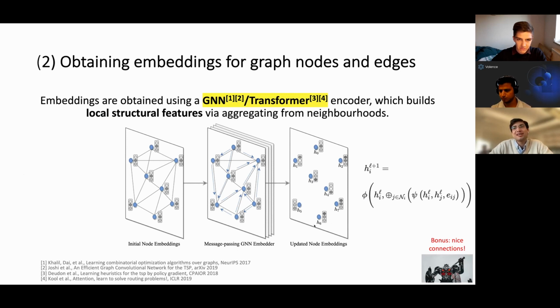But I think something worth pointing out here is that people in combinatorial optimization had made this connection between GNNs and transformers as far back as 2018. It was something super trivial to them, like they would just write that in the paper. And I think today we're seeing this connection of GNNs and transformers really being pushed by the graph representation learning community, right?